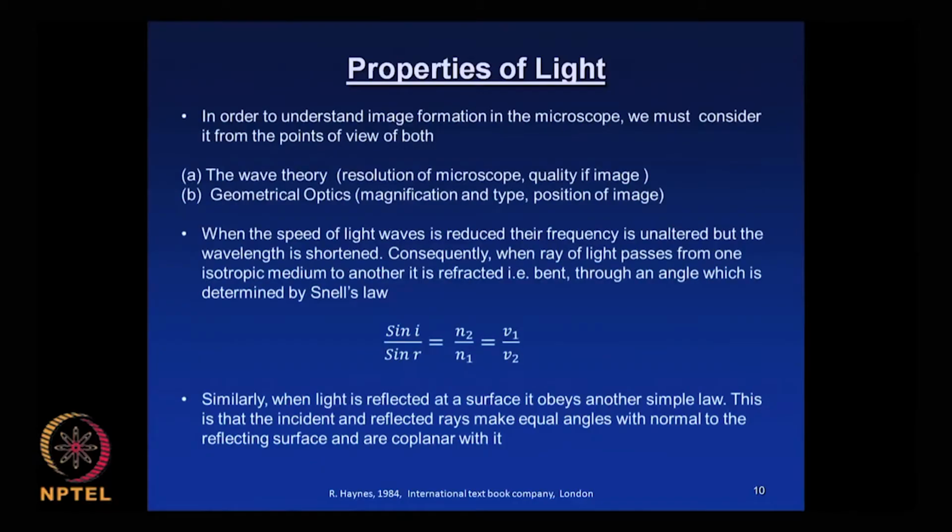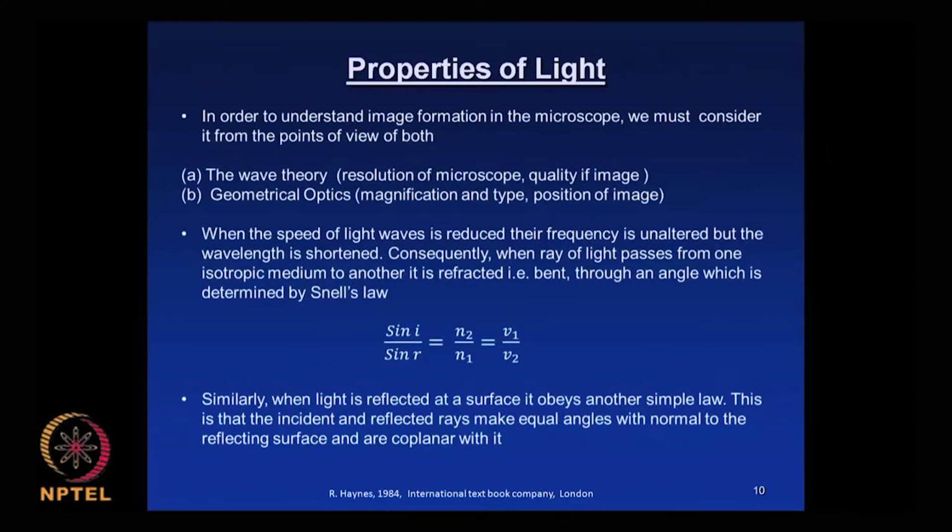That is the first law. Another law which is very important, related to reflection, is that when light is reflected at a surface, it obeys another simple law: the incident and reflected rays make equal angles with the normal to the reflecting surface and are coplanar with it.